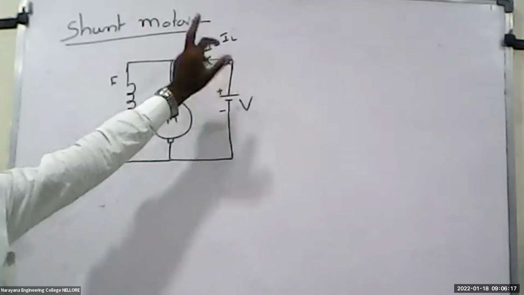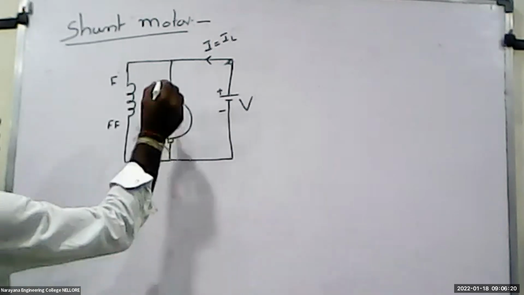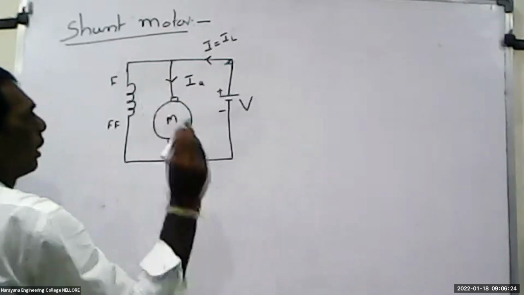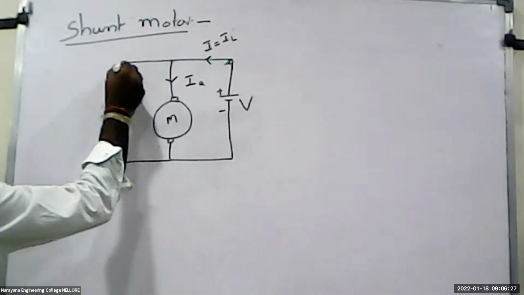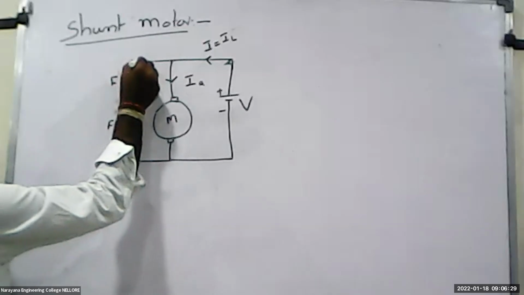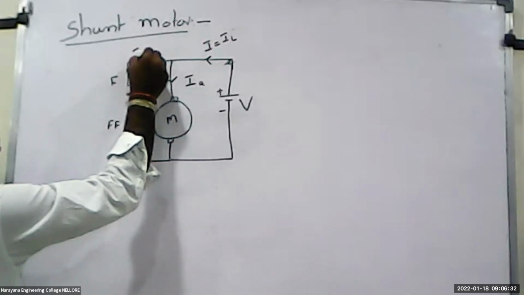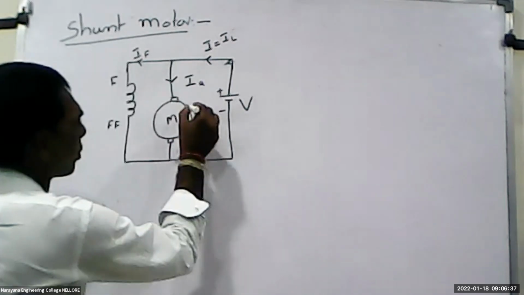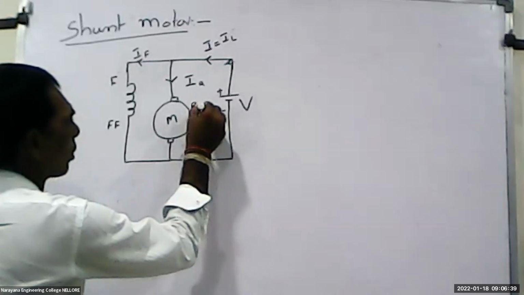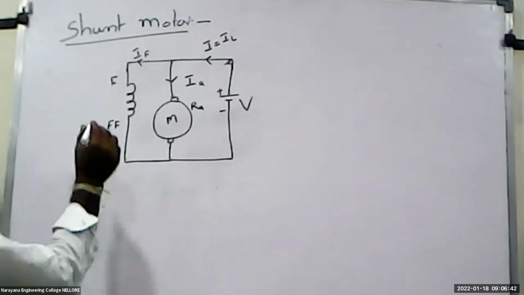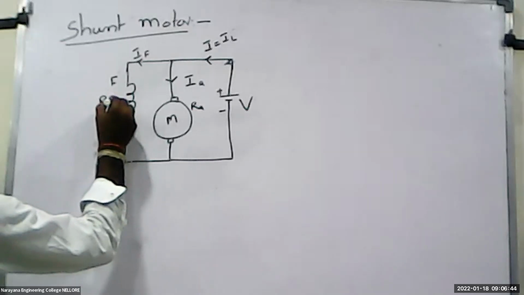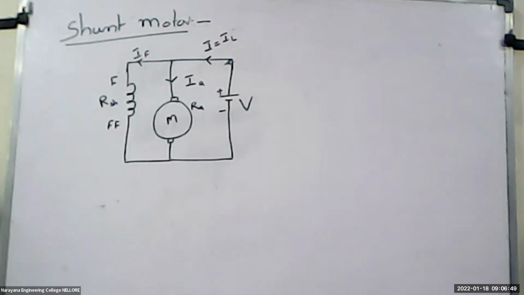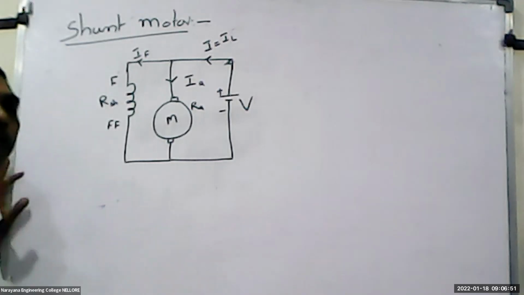The current passing through the armature is represented as IA, and the current passing through the field winding is represented as IF. The armature resistance of the motor is represented as RA, and the field winding resistance is represented as RSH, or in some cases RF.